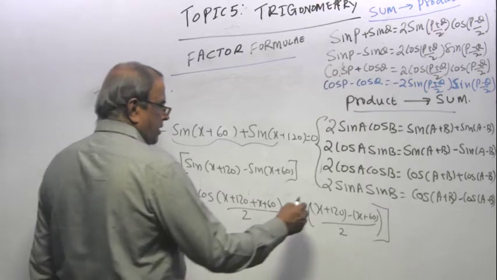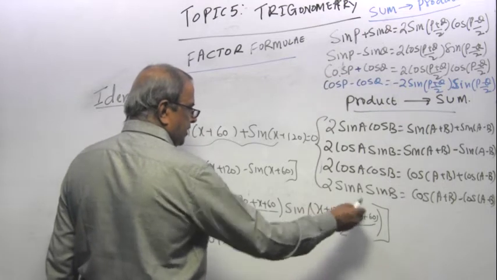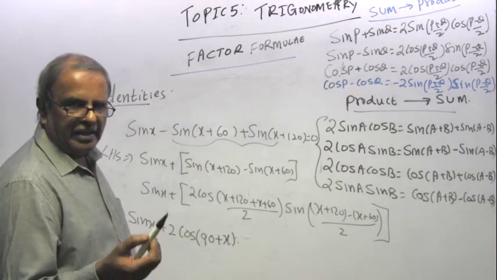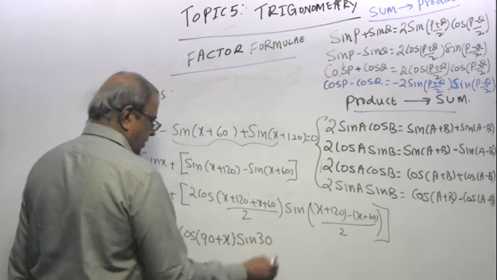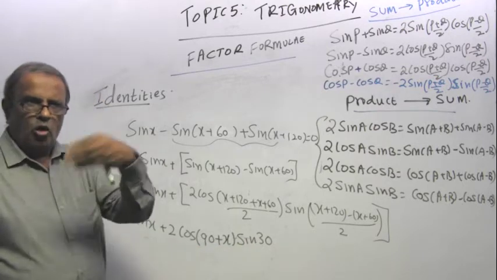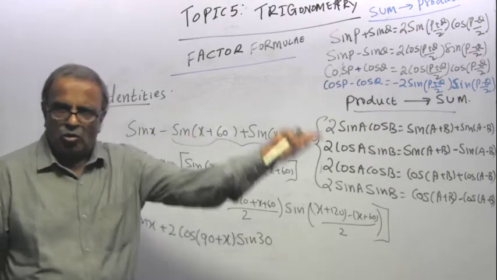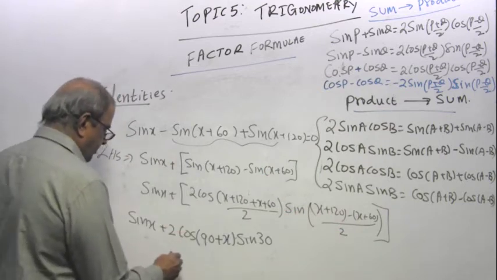Times, x minus x cancels. 120 minus 60 is 60. 60 divided by 2 is 30. Now, 90 plus x is more than 90, so it's in the second quadrant. In the second quadrant, cos is negative.